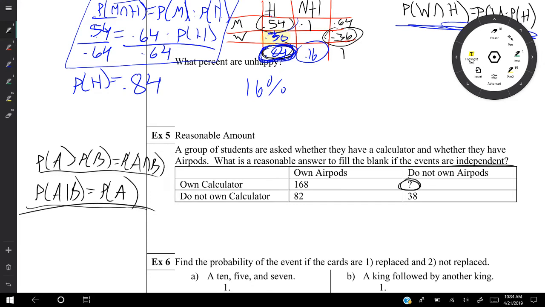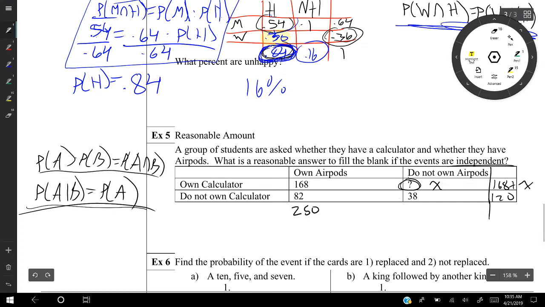So instead of saying question mark, let's call it X. Let's get our totals. This total here would be 168 plus X. This total here would be 82 plus 38, which is 120. 168 plus 82 is 250.